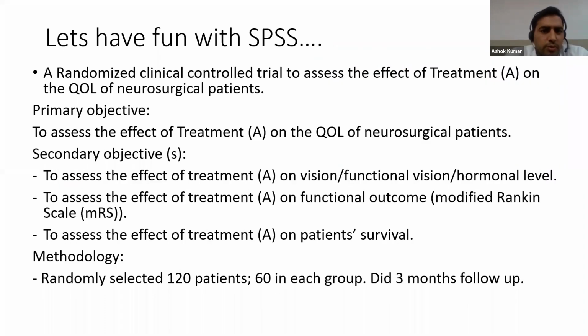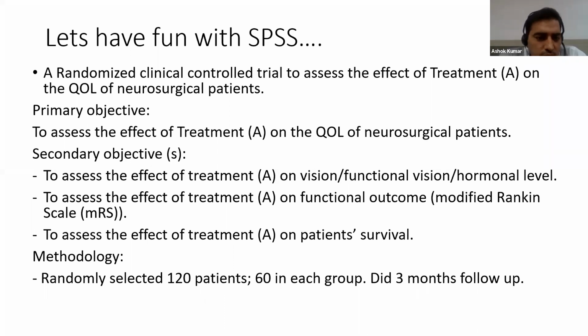So let's have fun with SPSS. I have conducted this study. This is all hypothetical, okay? A randomized clinical control trial to assess the effect of treatment A on the quality of life of neurosurgical patients. My primary objective is to assess the effect of treatment A on the quality of life of neurosurgical patients.